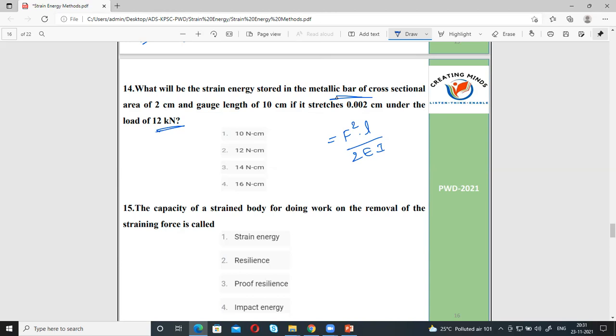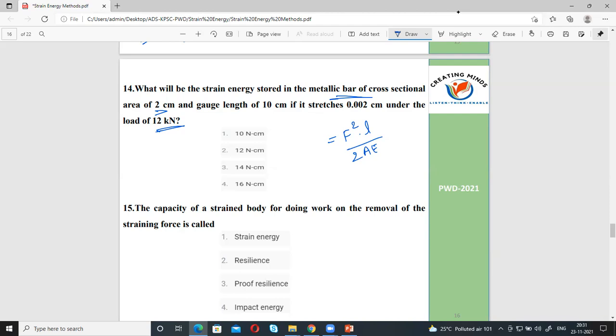Length in centimeter, directly take the length. 2 AE. AE is given, area is known, right?